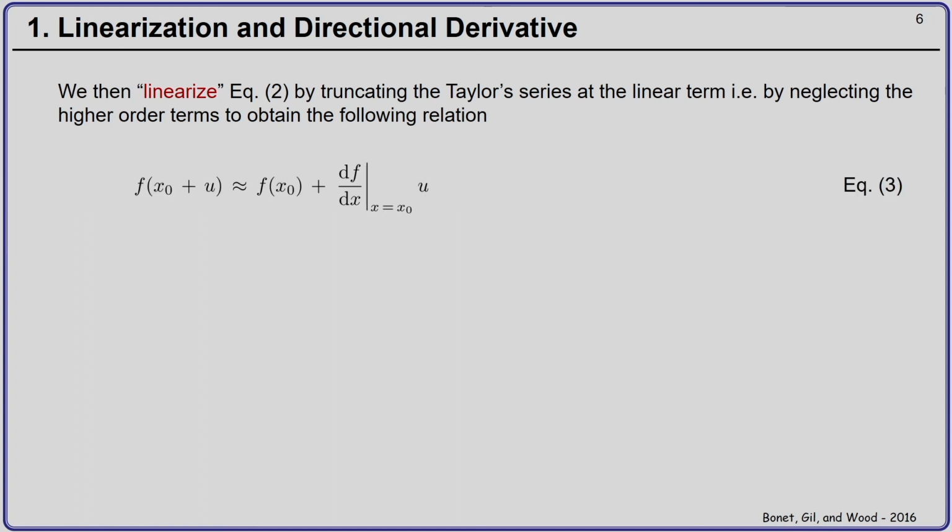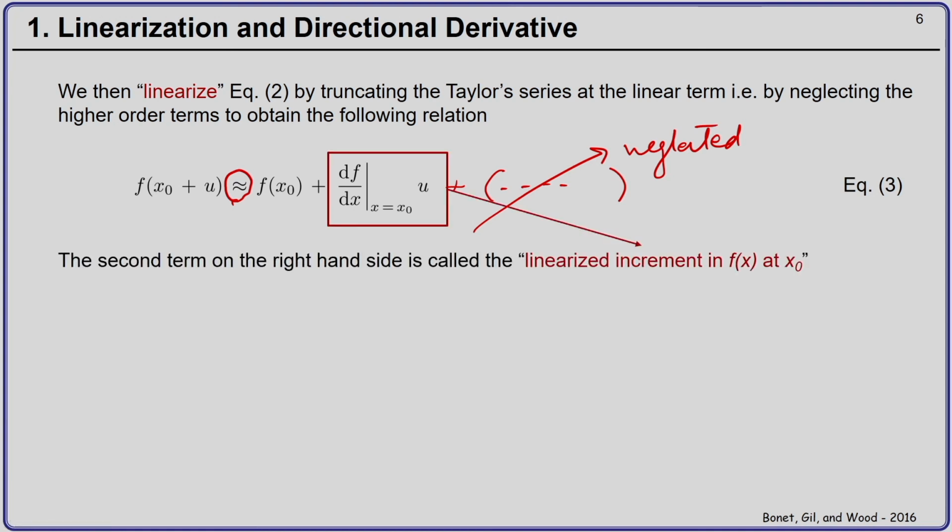Then the left hand side will be approximately, that is why you see the approximation sign instead of the equal sign, f of x 0 plus u approximately equal to f of x 0 plus df by dx evaluated at x equal to x 0 into u, and all the higher order terms have been neglected.